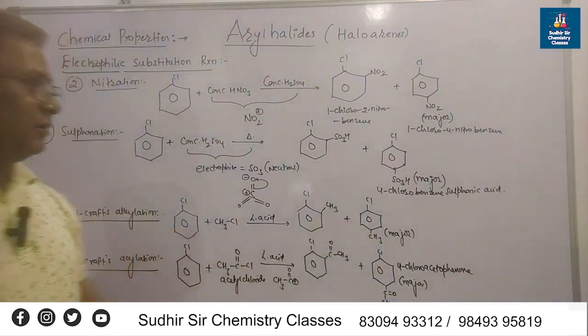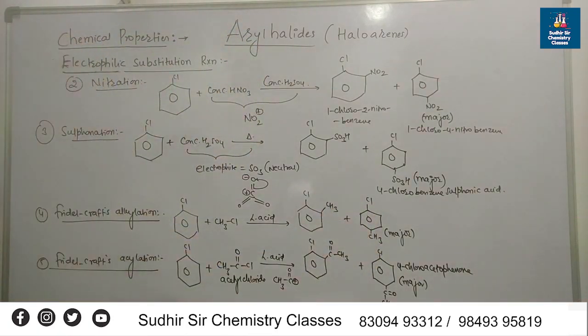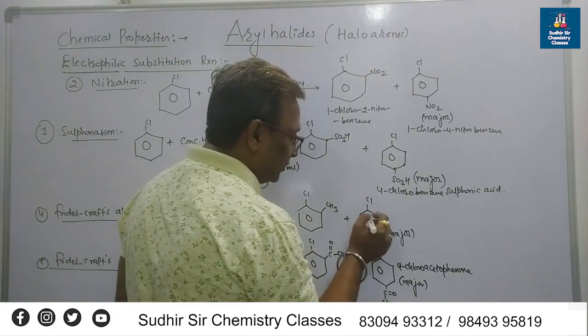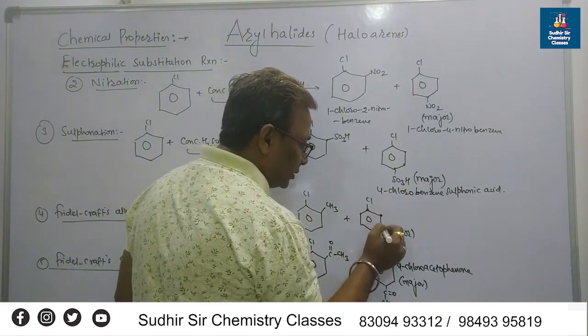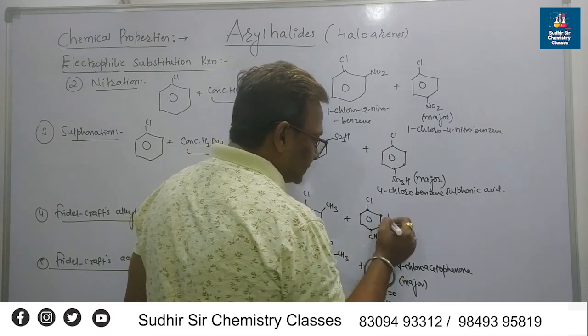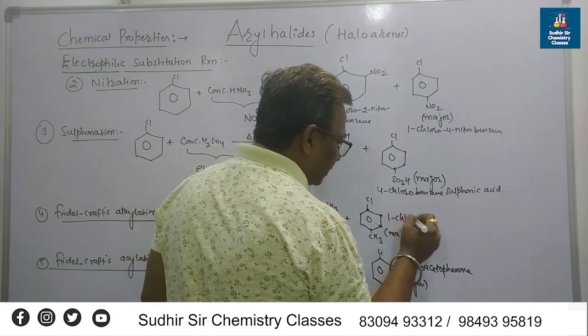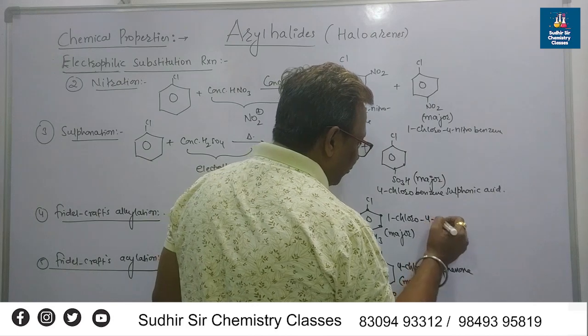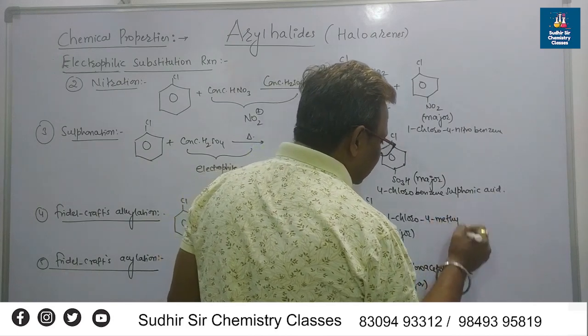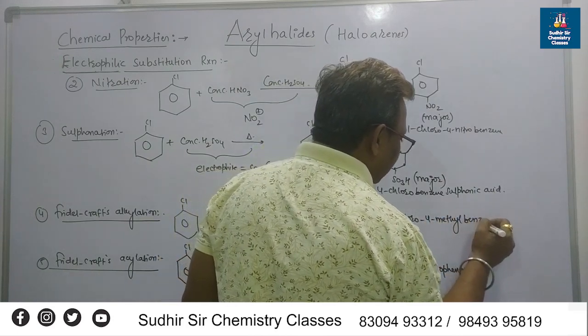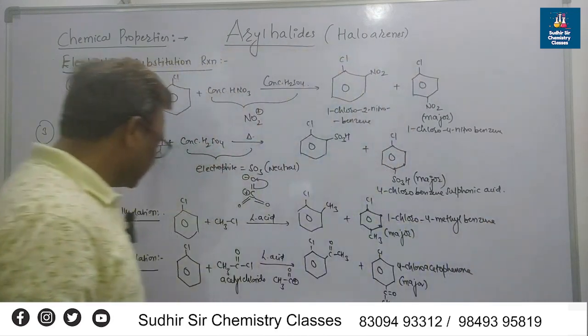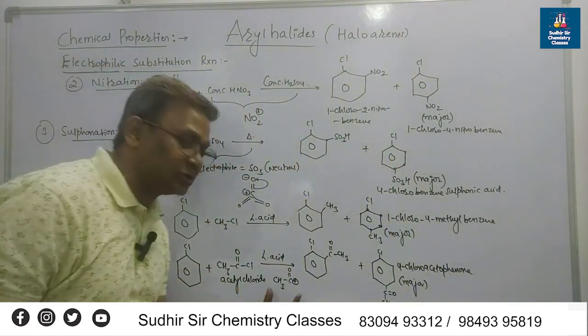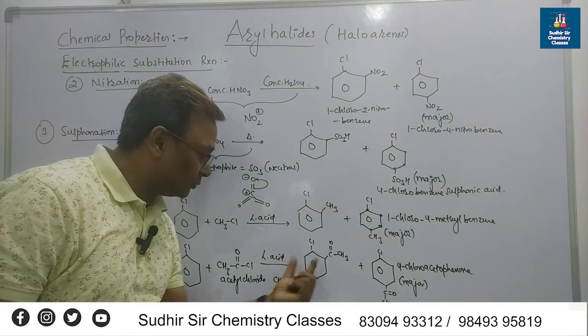That means 1-chloro 4-methyl, and another one, 1-chloro 2-methyl. I'll write the name of this one. 1, 2, 3, 4. It will be called 1-chloro 4-methylbenzene.